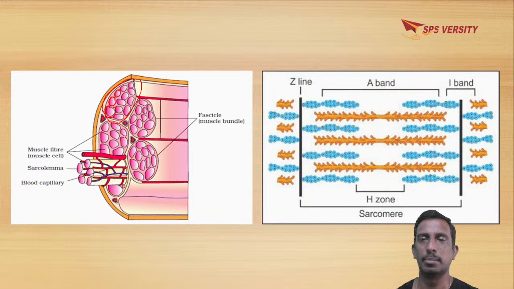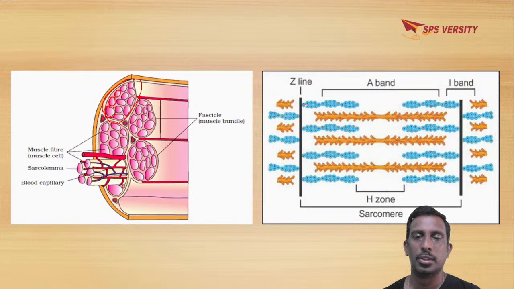Inside the muscle fiber, if you see this picture, there are actin filaments and myosin filaments. These are made up of the protein actin and these are made up of the protein myosin.